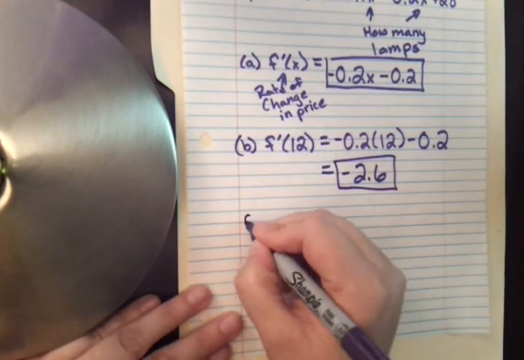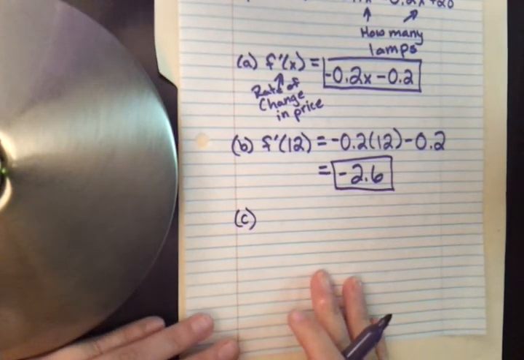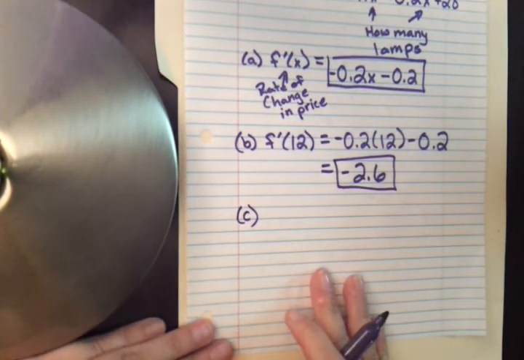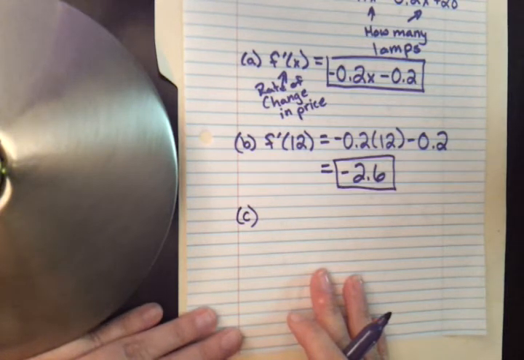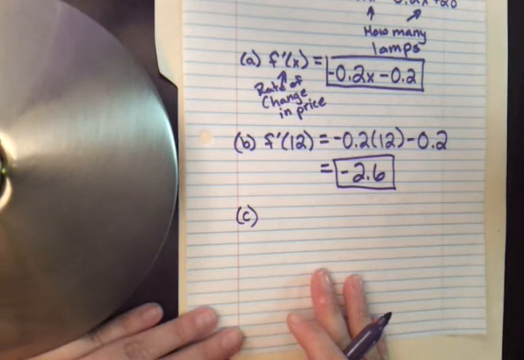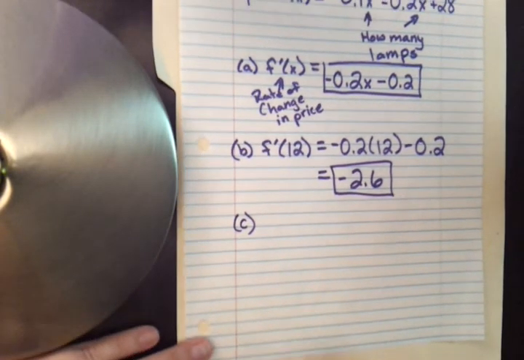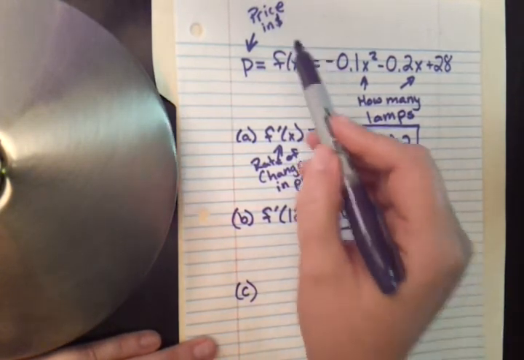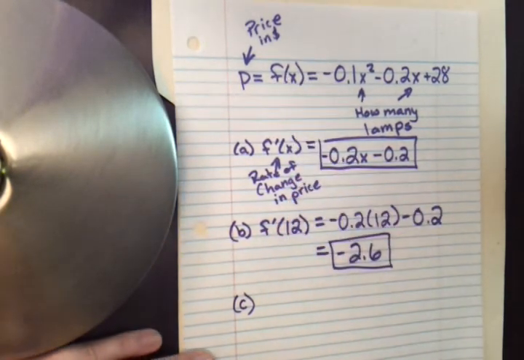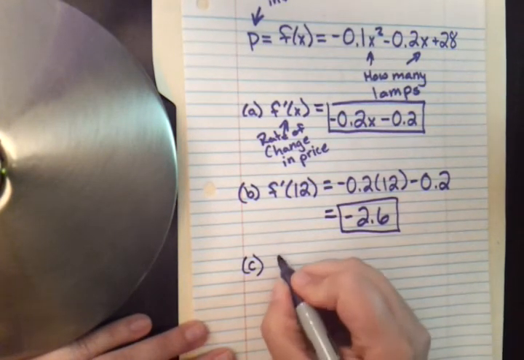And then finally, they ask us, what is the unit price at that level of demand? So we need the unit price when x equals 12. When there's a demand for 12,000 lamps, what's the unit price? Well, our derivative gave us the rate of change, but our original function is the one that gives us the price. So we're going to plug that 12 into our original function.